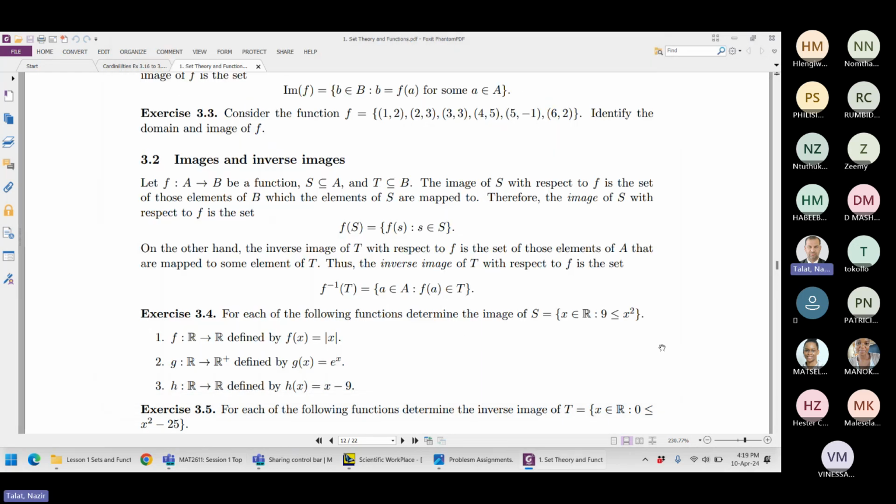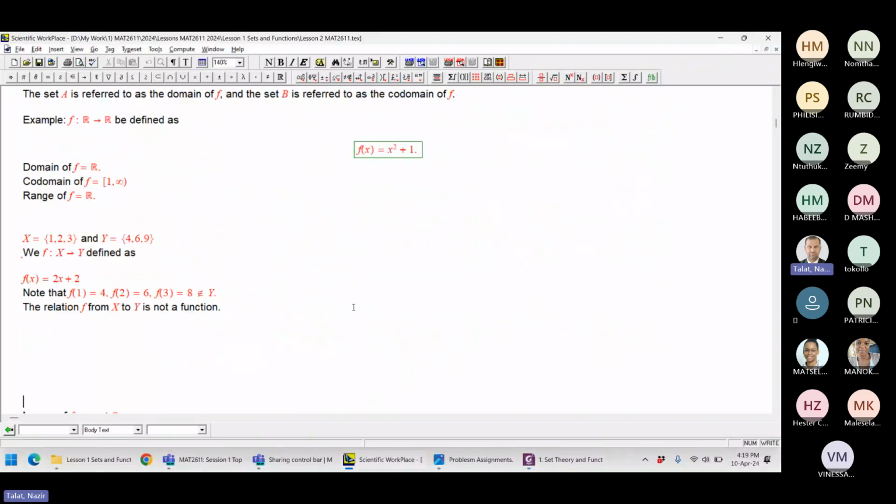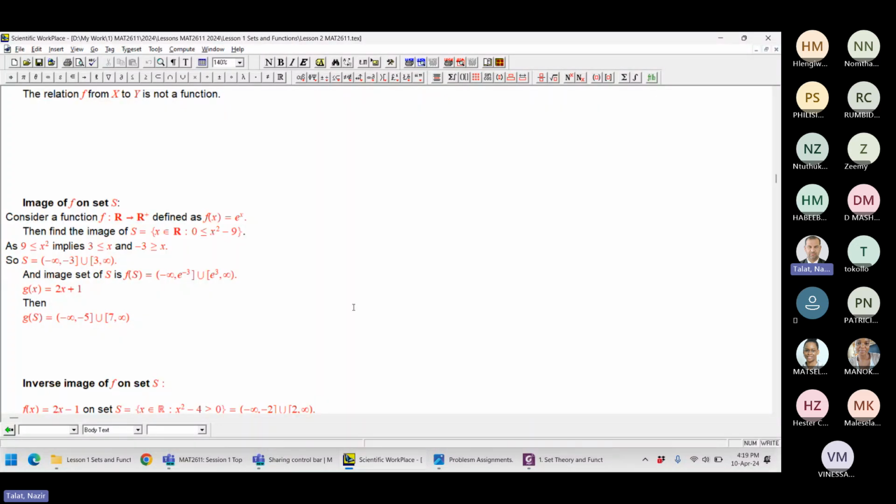The next thing is that we can determine the image of some set S for a given function f. This is also a way to define a set, like all those real numbers for which 9 is less than or equal to x square. First we need to describe the sets.